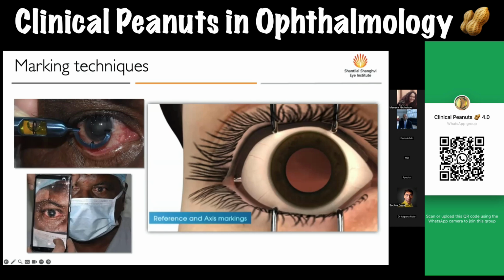So basically, I've only played around with Dr. Patwardhan's app, and what I understood is that it's useful in situations when the slit lamp is unavailable. So basically, what you do is a freehand marking at 0 180 degrees at the limbus, and then you take a photo with the app. You align the circle in that photo to the limbus.